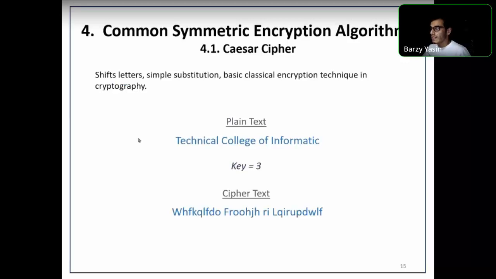Caesar cipher is the most ancient cryptography algorithm, founded by an Egyptian person, and the background of Caesar cipher is shifting the plain text letter by letter or digit by digit. So every letter will be shifted depending on the key.